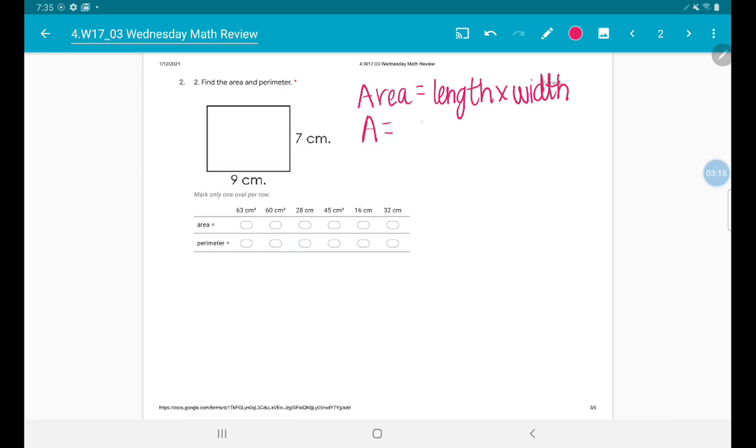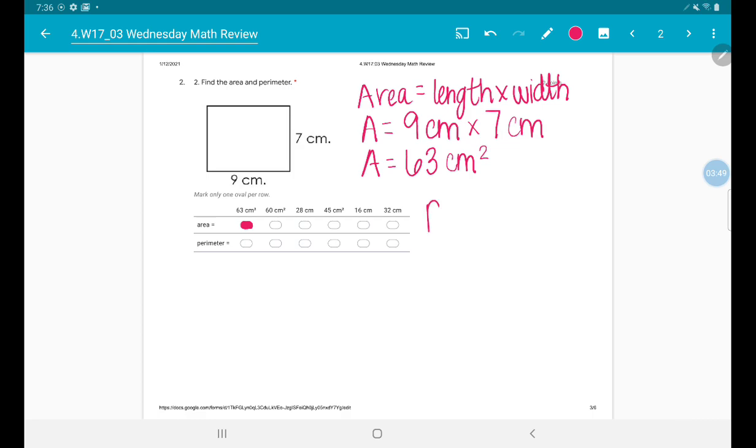So I'm going to do 9 centimeters times 7 centimeters. 9 times 7 is 63. So my answer for the area is 63 square centimeters. Remember, area is measured in square units because I'm actually measuring the number of squares that are inside the shape.